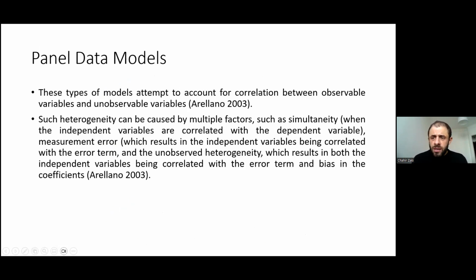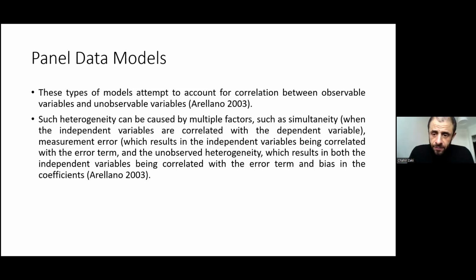So, just a very quick definition or introduction of what we're going to see. In general, the main objective of panel data models is to account for correlation between observable variables and unobservable variables. In the sense that in this training workshop, we are around 20 participants.